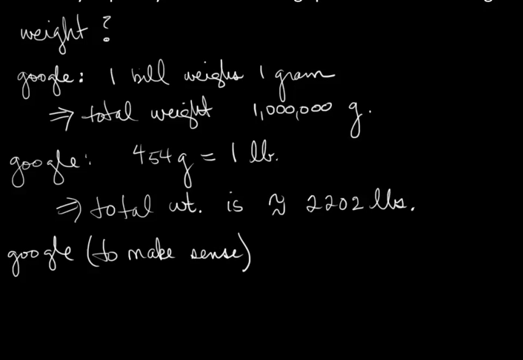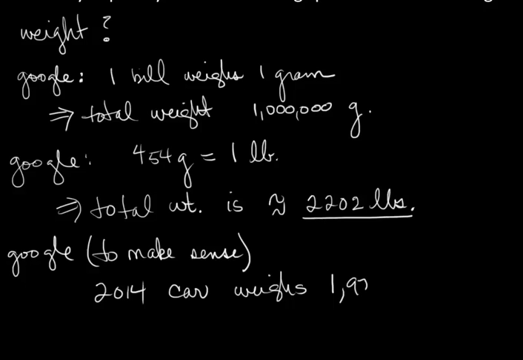In order for this amount of weight to make sense to me and know what is something that weighs that, I found that the 2014 Mitsubishi Mirage, a small compact car, weighs 1,973 pounds.